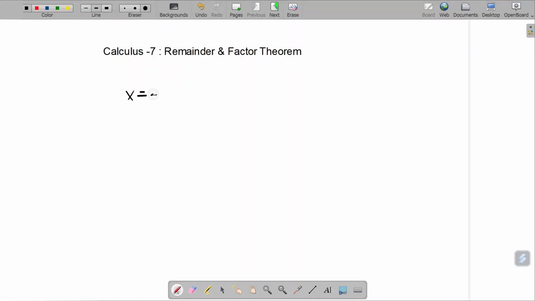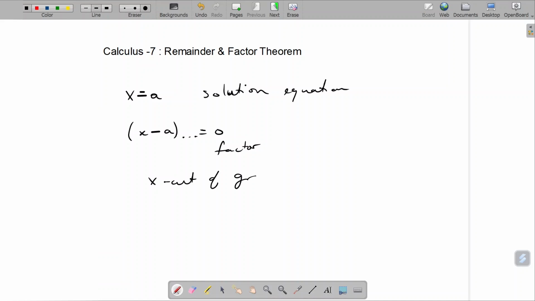Again, what's going to come out as a key idea in today's lecture is that a solution to an equation is the same idea as a factor, or is linked to a factor, and this idea is linked to the x-cut of the graph.